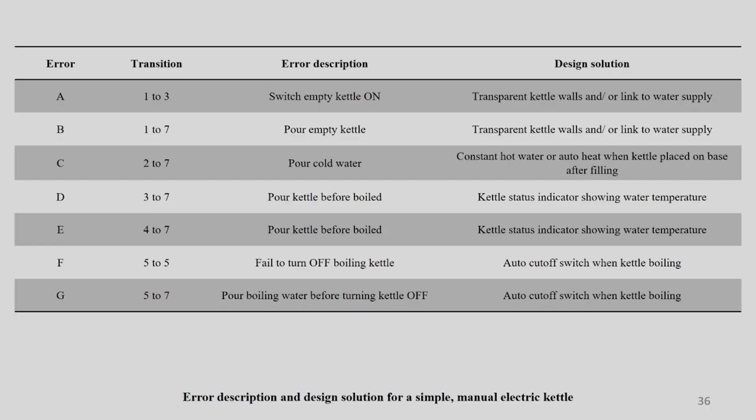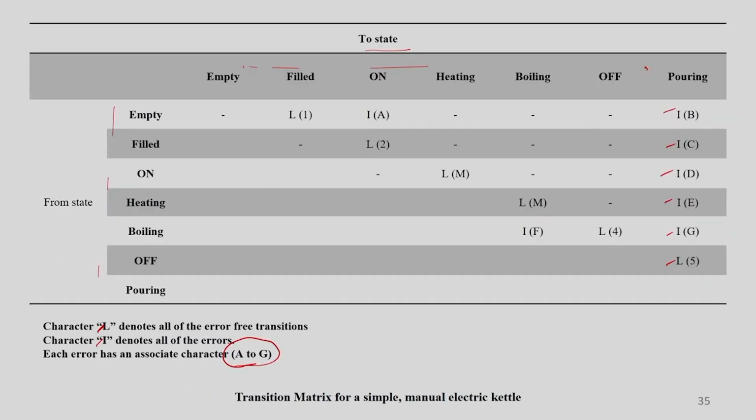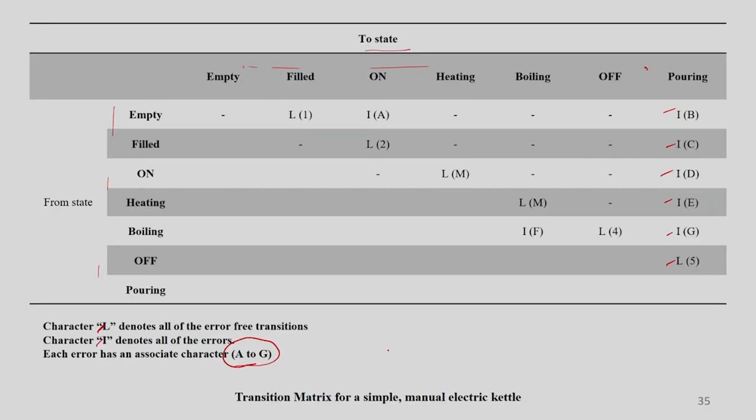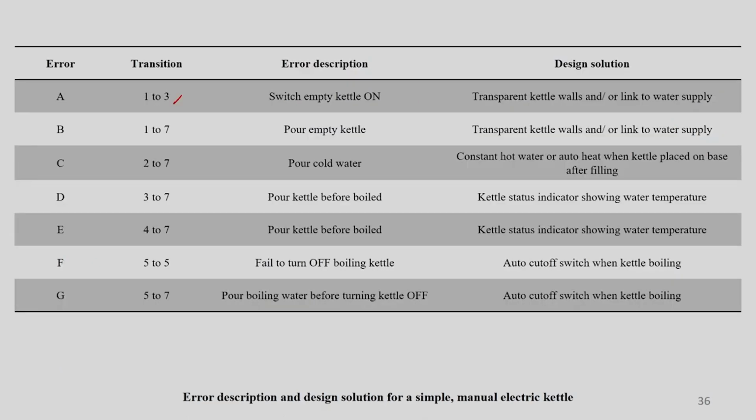This is the error description and design solution for a simple manual electrical kettle. You can see from these transitions we have written, if it happens 1 to 3, like the first one from empty directly to this position 3, then what will switch the empty kettle on.